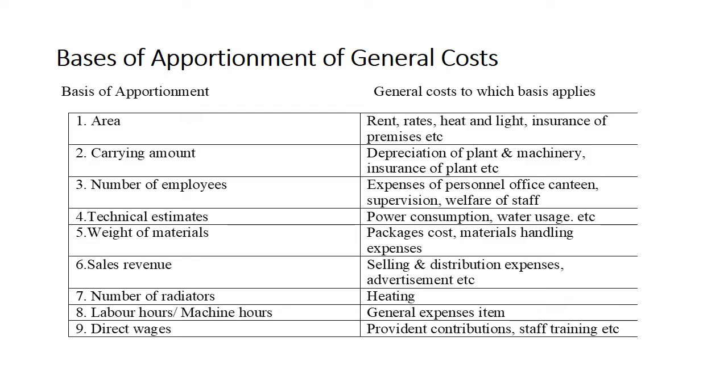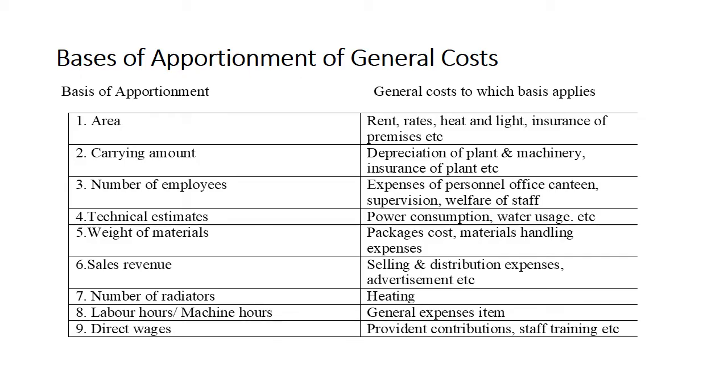But again, the number of employees may be used to divide common costs like expenses on personnel office, canteen, maybe supervision cost, and the welfare of staff. Sometimes we may use a technical estimate, for example on power consumption, electricity, and water usage.